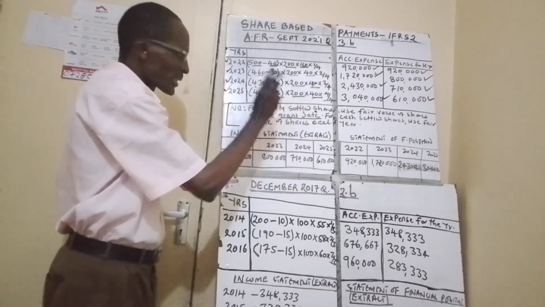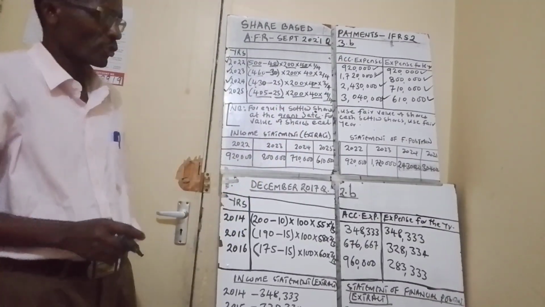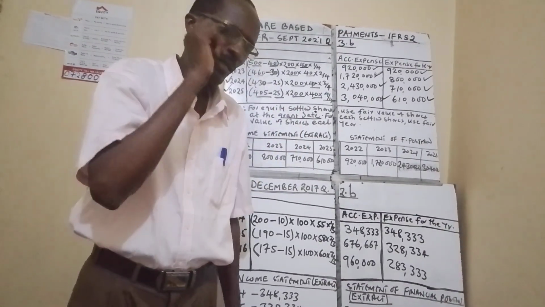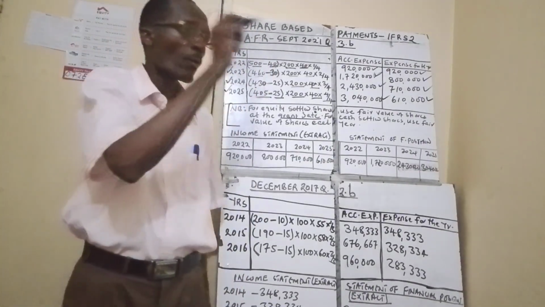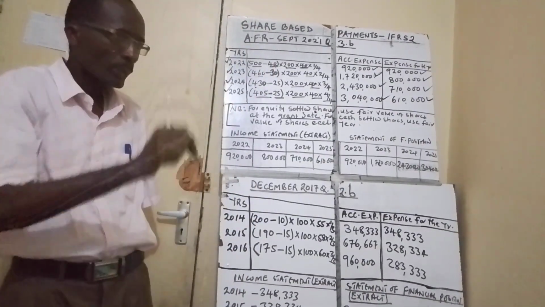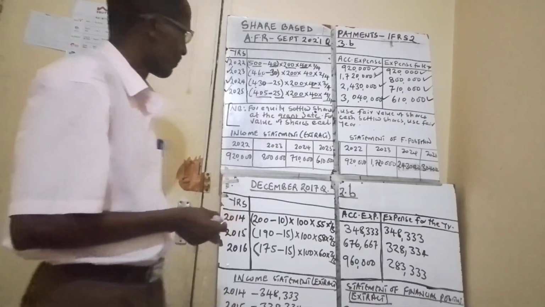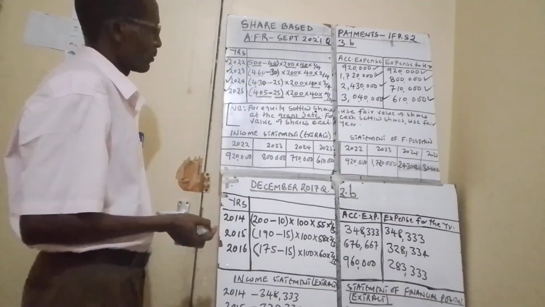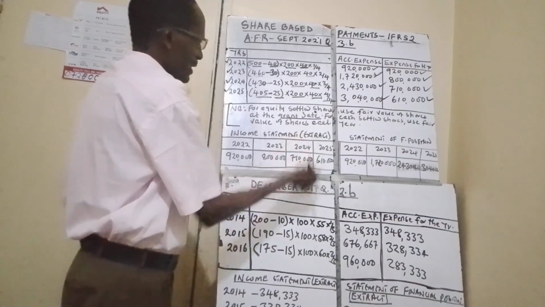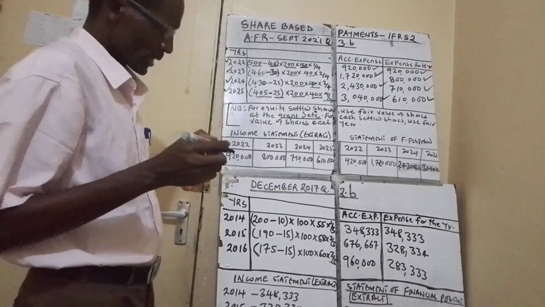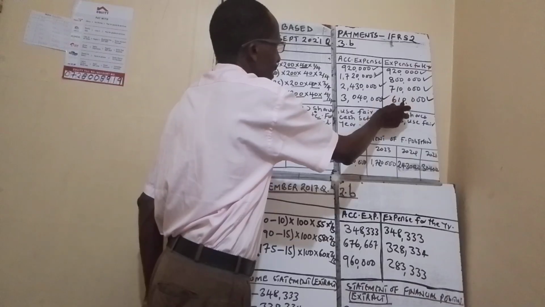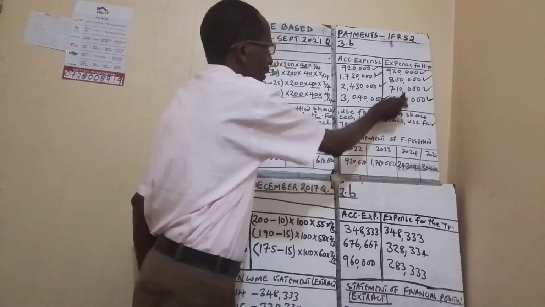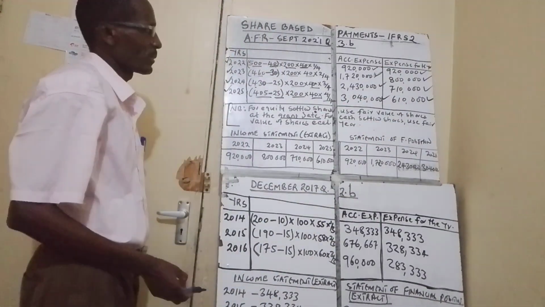But if it is cash-settled, then you'll be looking at the price for each particular year. You'll be given prices for year 1, year 2, year 3, so you'll be multiplying by those prices. Now the other part is quite simple: the income statement extract. Realize that you just take these figures here. These are the figures that will appear in the income statement.